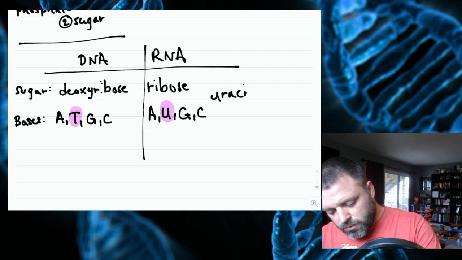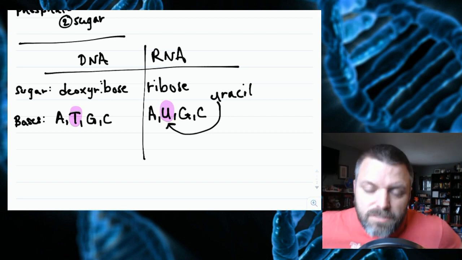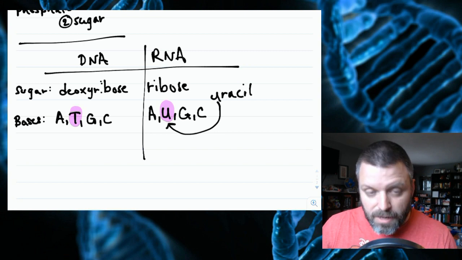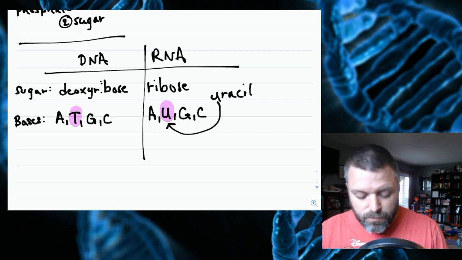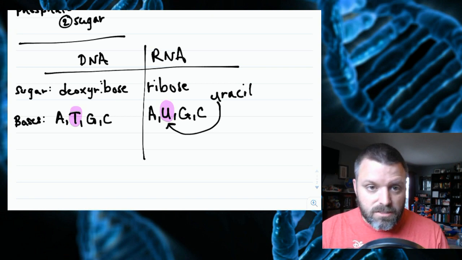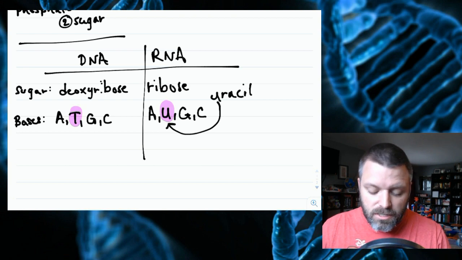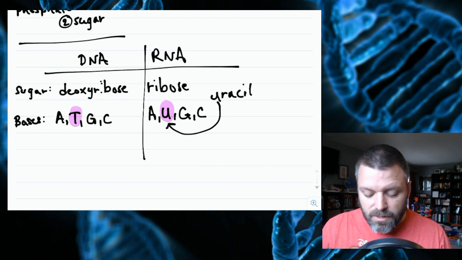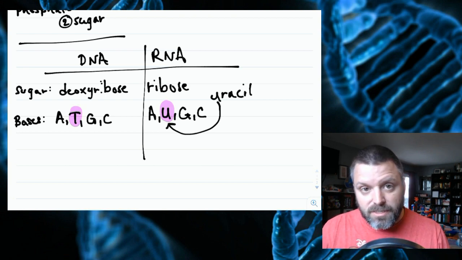That U is for uracil. That's the main difference there. There is no thymine in a molecule of RNA. So the first thing is the sugar is deoxyribose versus ribose. The second thing is the bases. The four possible bases in DNA are A, T, C, and G. The four possible bases in RNA are A, U, G, and C.